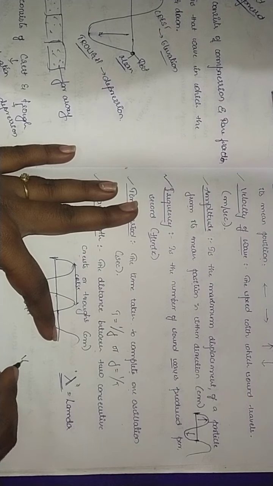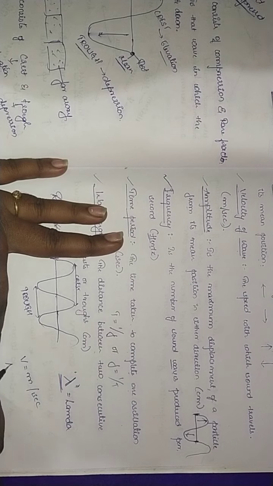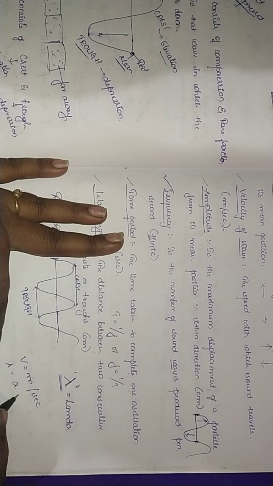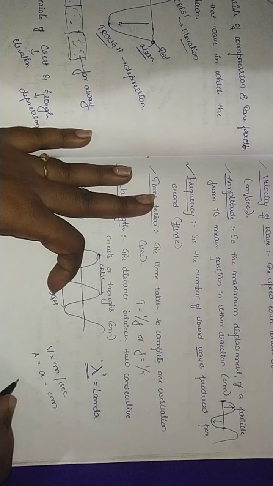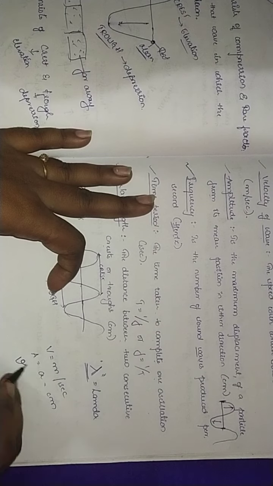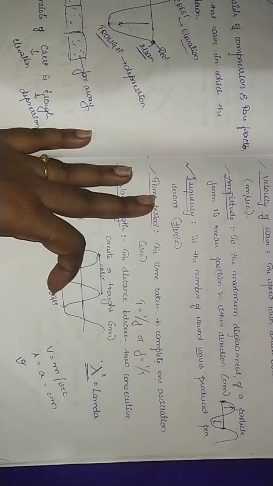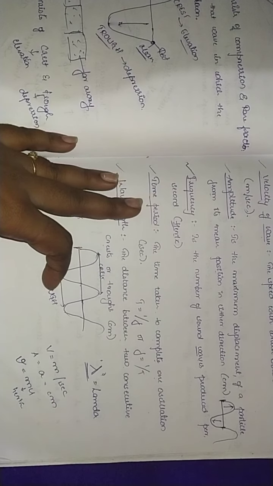Then moving on, we know velocity is in meters per second, and amplitude is denoted with A and measured in centimeters. Then this symbol, written like a V with a round elaborated structure, we call it mu, where frequency is measured in hertz.